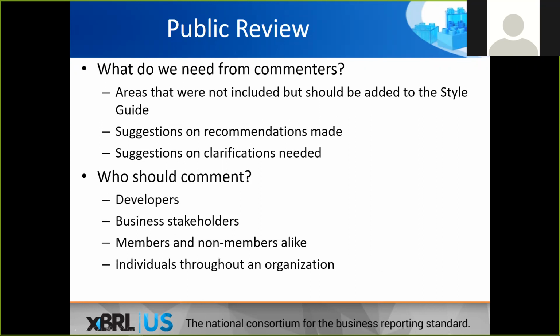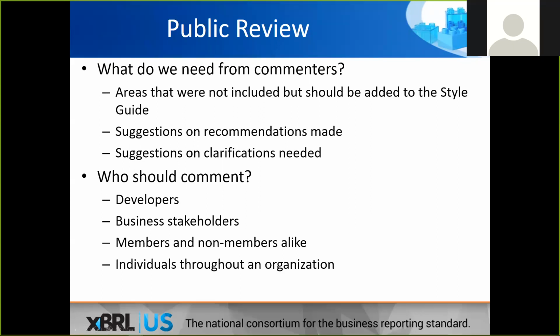You know, who should comment? Basically, developers, business stakeholders. If you are thinking about or have an idea where XBRL might apply, or if you're thinking about using it inside, or if you currently file and prepare, we're looking for folks like that. You don't have to be a member to comment.